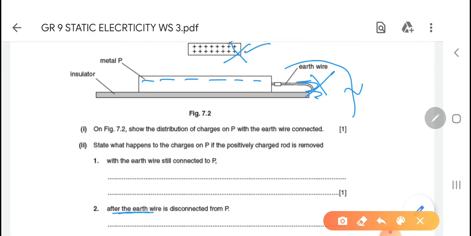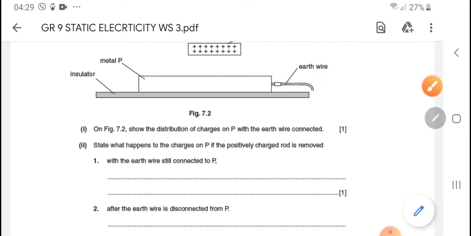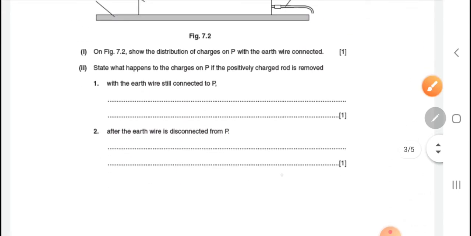So now the negative charge will remain in the metal plate P. In the previous answer, we wrote that the negative charge will flow back to earth. Here the negative charge will remain in the metal plate P. So that is the answer for part 1 and part 2 of the second question.